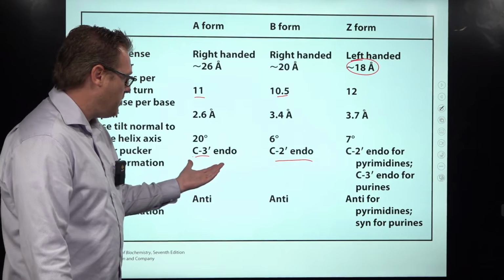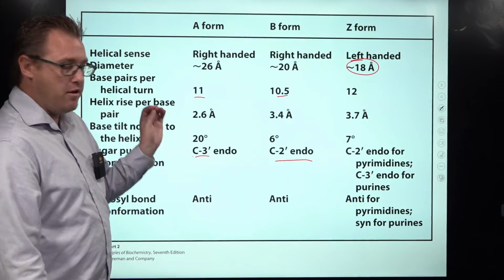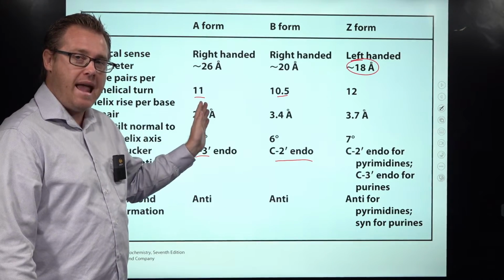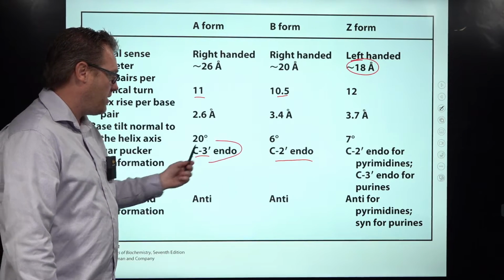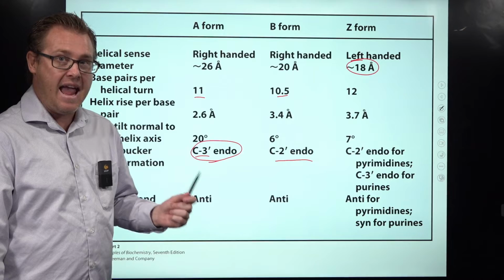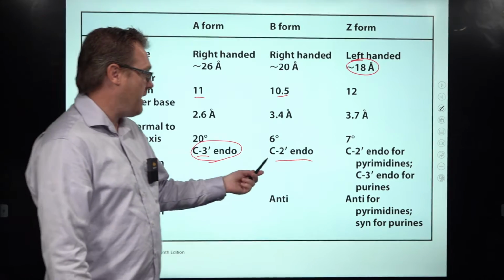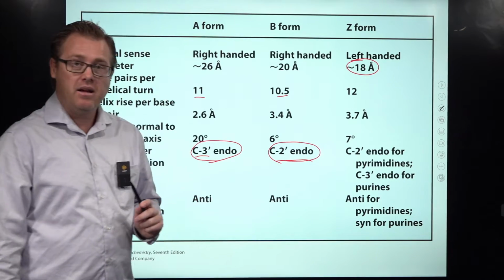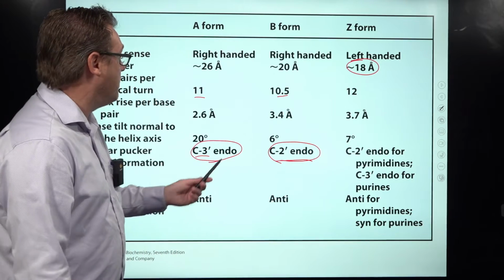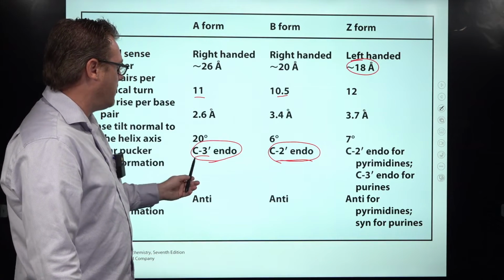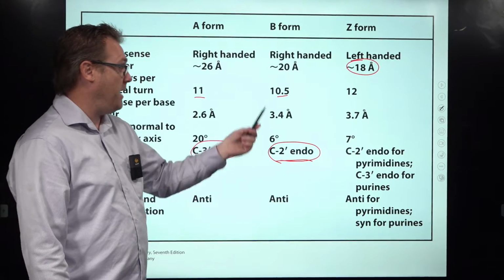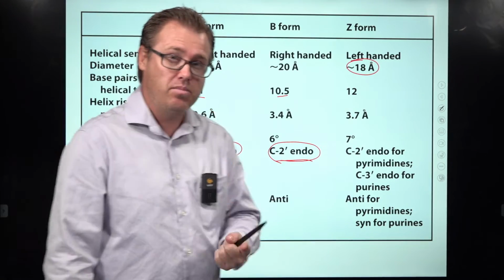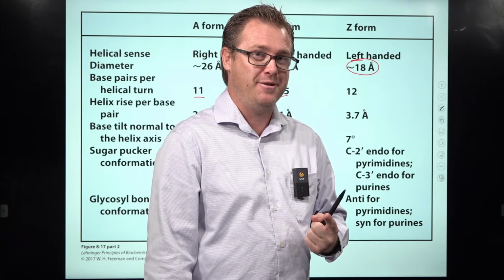But in this table, you can see another difference between the A form and the B form. In the A form, you want the 3' carbon to be endo, and in the B form, you want the 2' carbon to be endo.